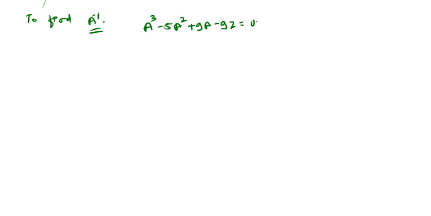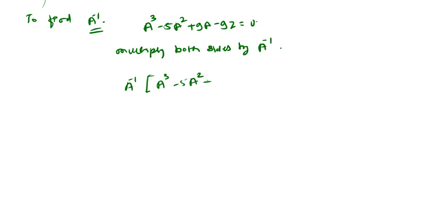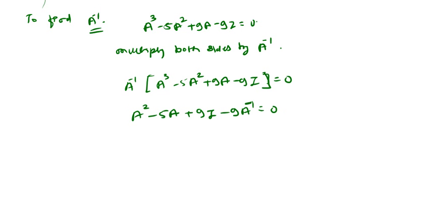Now to find A inverse, multiply both sides by the inverse of the matrix A. So this will be A inverse into A cube minus 5A square plus 9A minus 9I equal to 0. Multiplying, you will get A square minus 5A plus 9, A inverse into A is I, minus 9A inverse equal to 0.